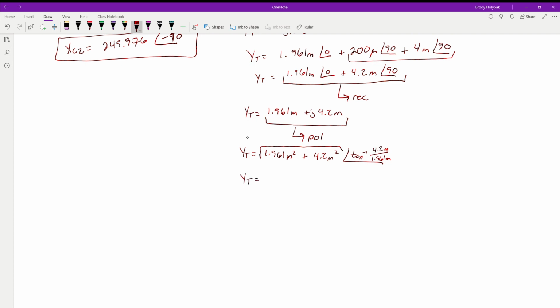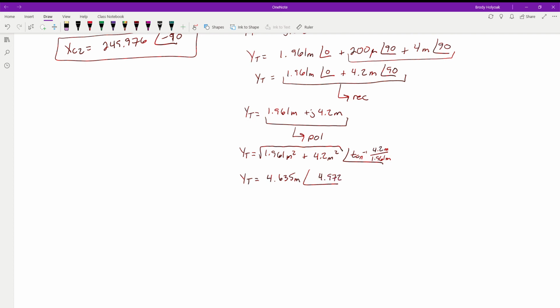So our total admittance of this circuit comes up to be 4.635 milli at an angle of 64.972.